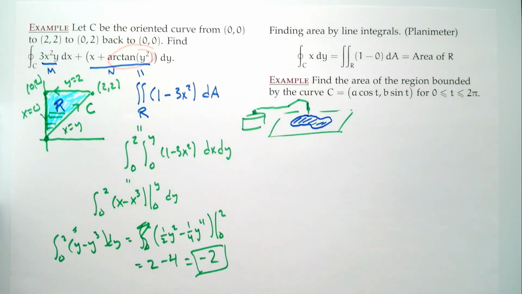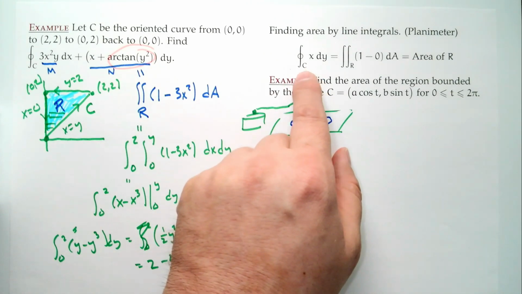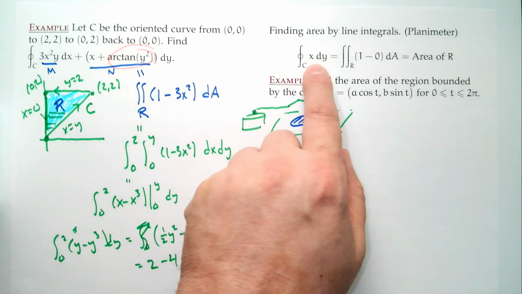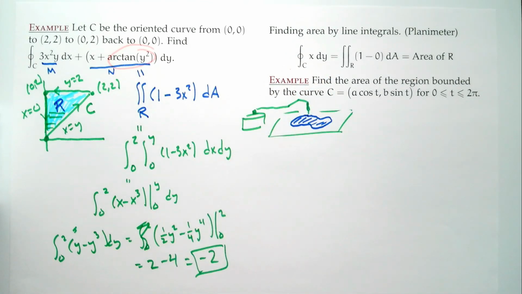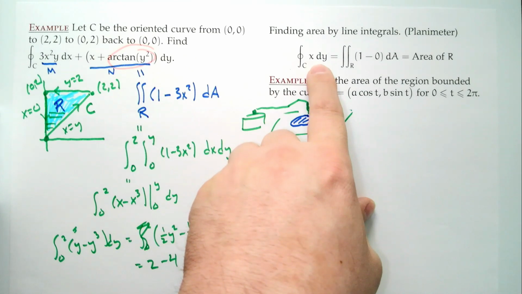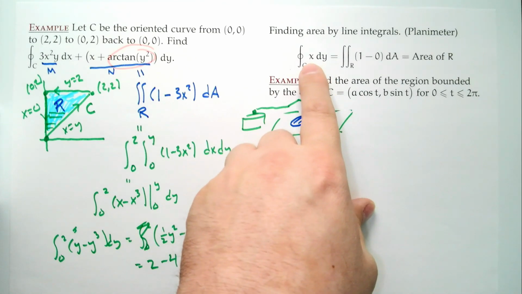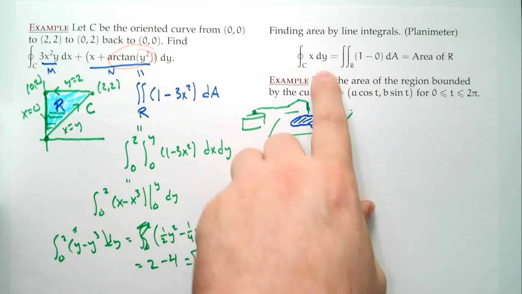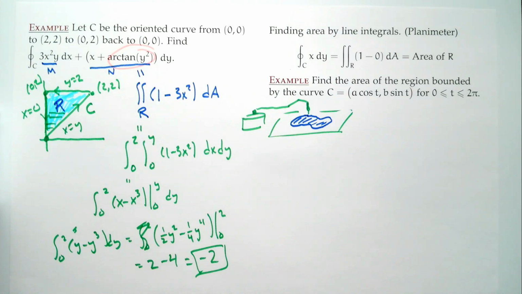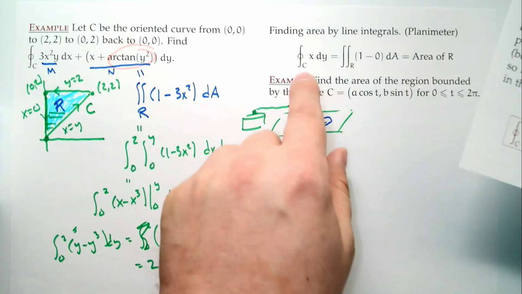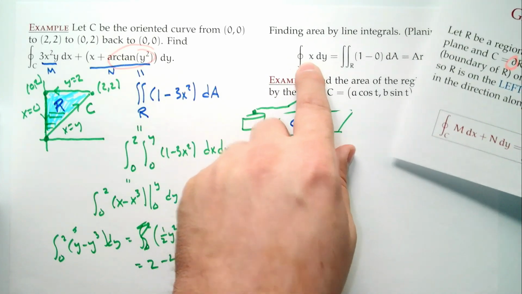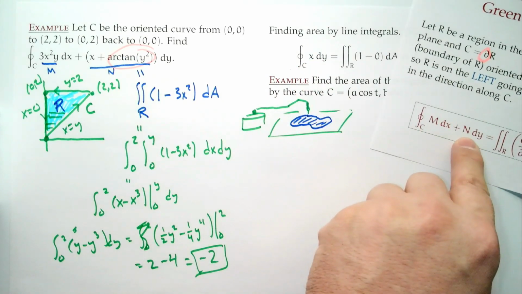It, in particular, was essentially doing this line integral. It was integrating along the curve. It knew where your current position was, and it knew how much you were changing in the other direction. So in other words, it knew x and it knew how the y was changing. Well, if you apply Green's theorem to that integral, what do we get? Well, we get the x dy. So that's N dy.